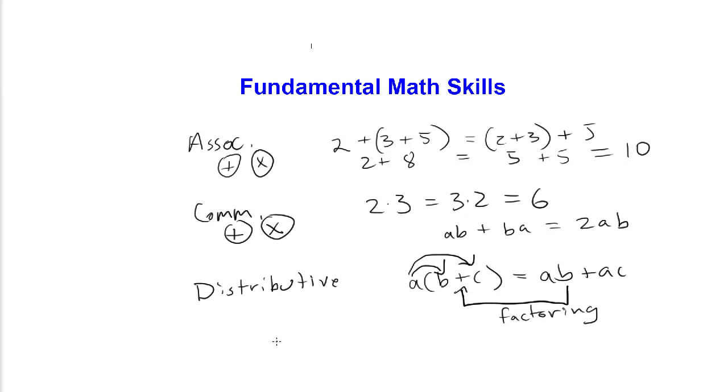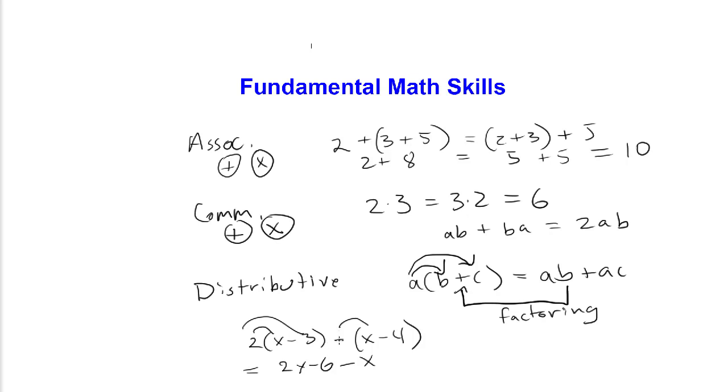So be careful if you have something like 2 times (x minus 3) minus (x minus 4). How would I distribute this one? Well, it's 2 times x, 2x. 2 times minus 3 is minus 6. So far so good. Minus times the x is minus x. And here's where students mess up.